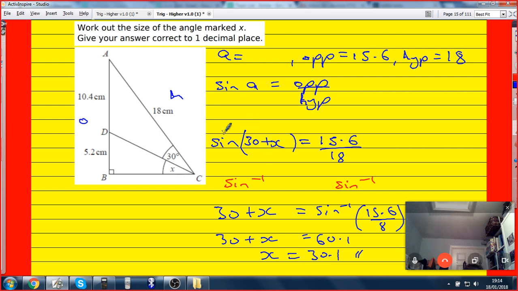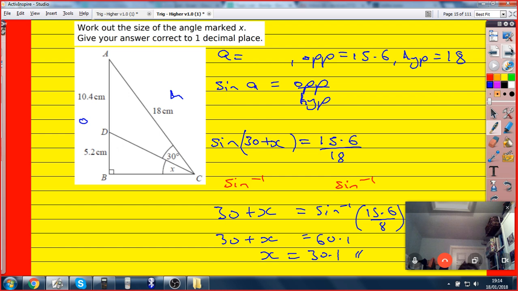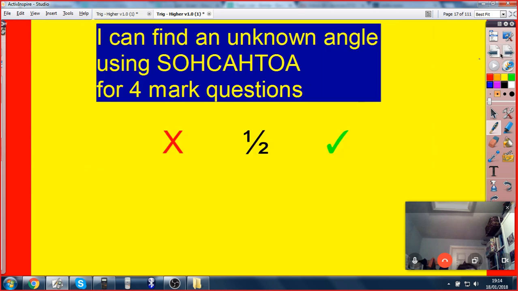You get rid of the sine first, get rid of the 30 second, because it's in the bracket, so you can't get rid of it first. Any other questions? It's just something to watch for, that if you can't solve the little triangle or the big triangle, you can always look at the whole triangle, because if you put the 2 together you get a 3rd triangle.